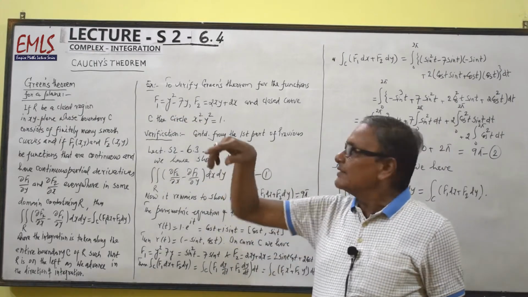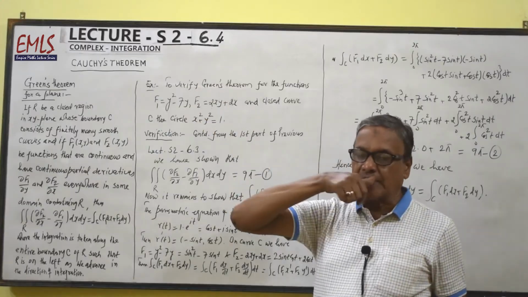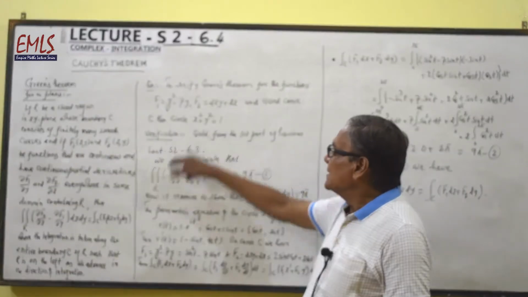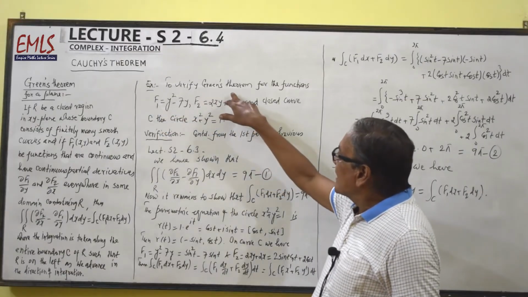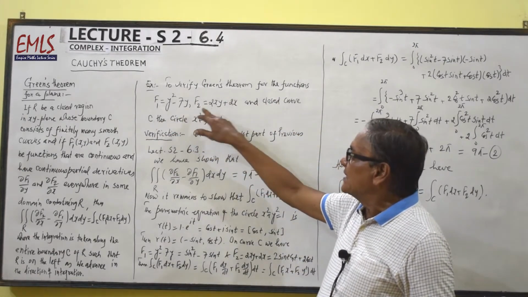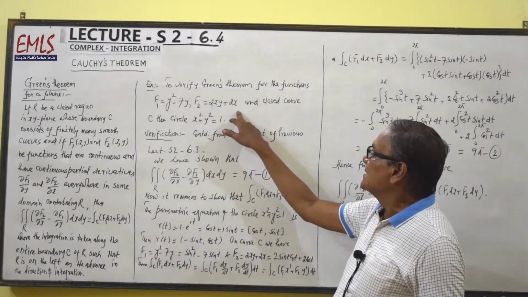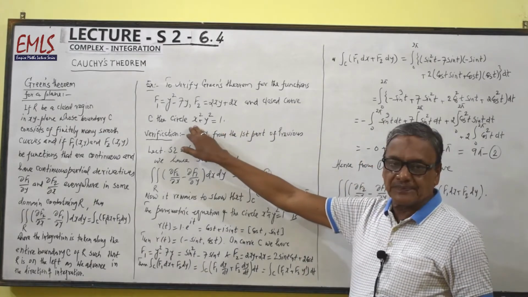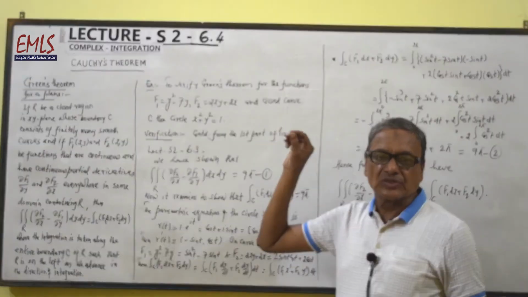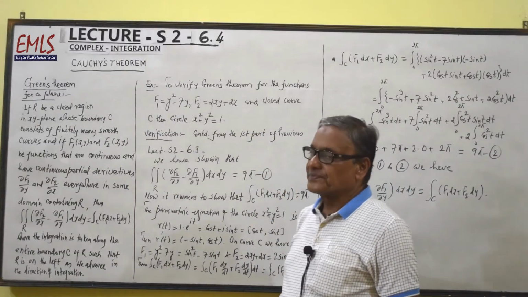So we had taken this example to verify the statement of Green's theorem for a plane. To verify Green's theorem for the functions f1 equal to y square minus 7y, f2 equal to 2xy plus 2x, and closed curve the circle x square plus y square equal to 1, which is a circle whose center is the origin (0, 0) and radius is 1.